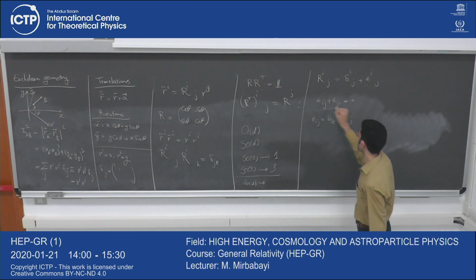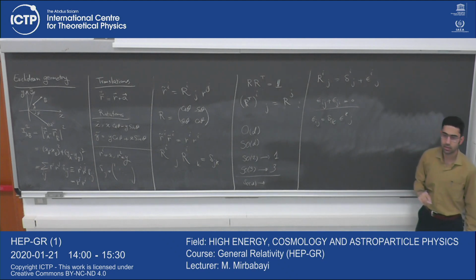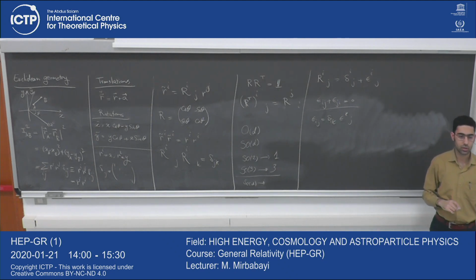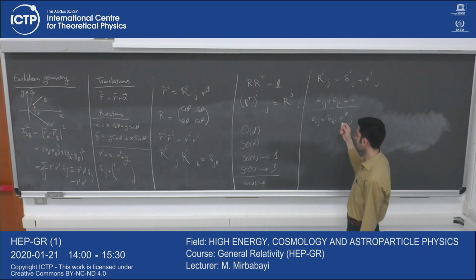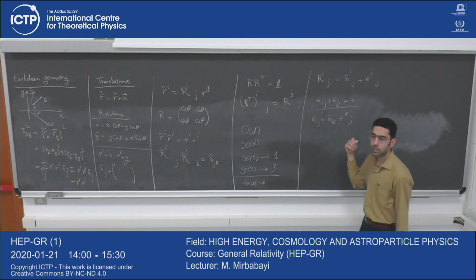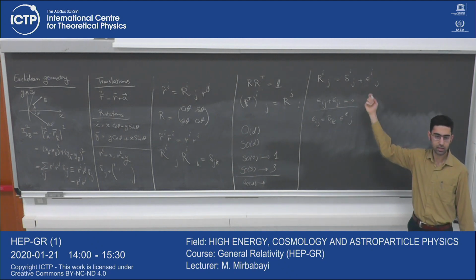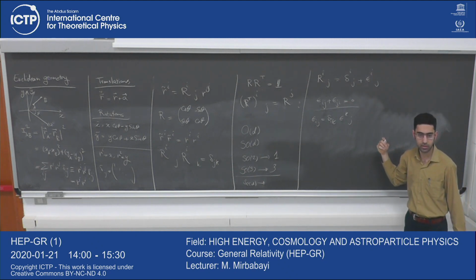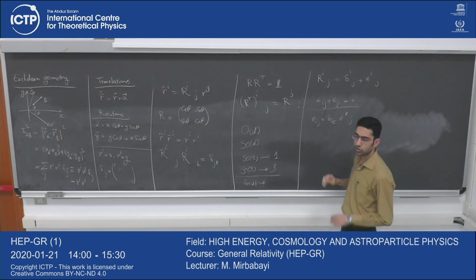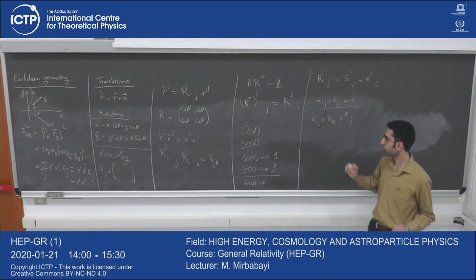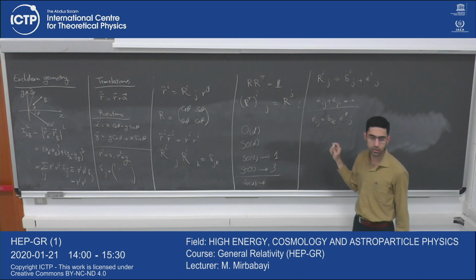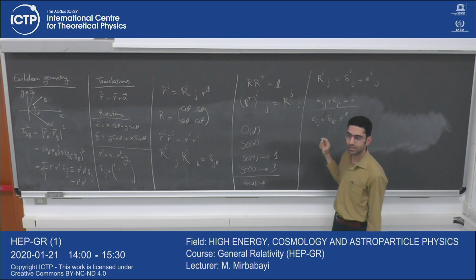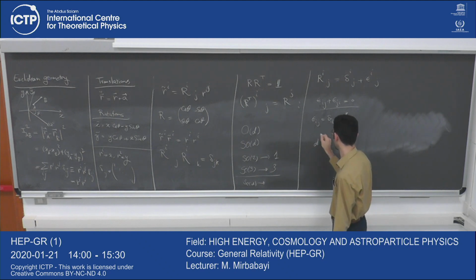And so we have these conditions which tell us that this matrix epsilon_ij has to be antisymmetric. So now we can ask what is the number of independent components of this antisymmetric matrix in d dimensions. If we had a general matrix in d dimensions, the number of independent components would be d squared.